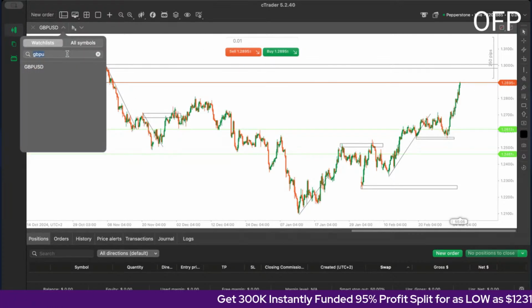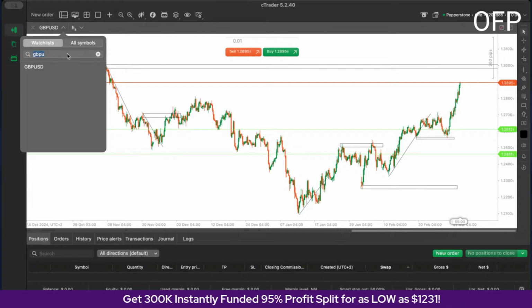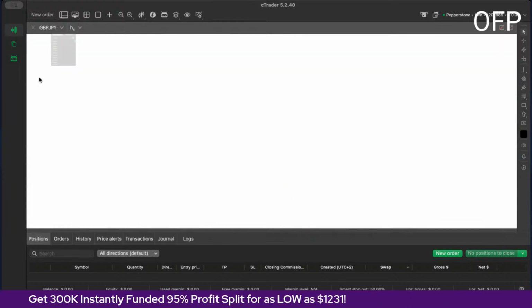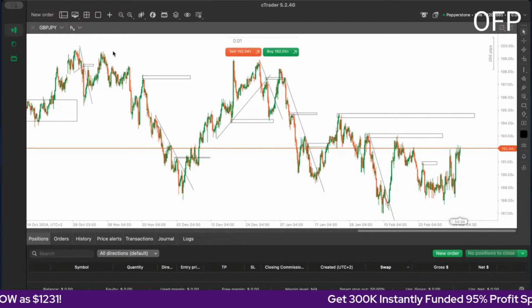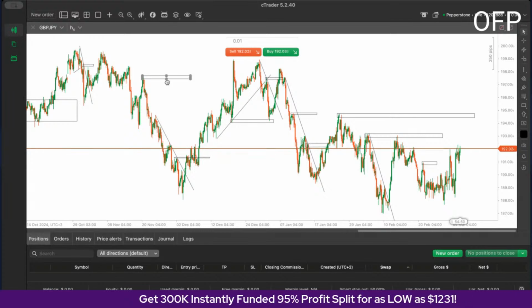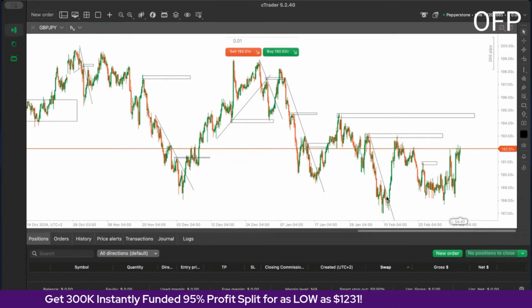Then let's also look at pound yen. So pound yen, we are still bullish, I would say, overall here.